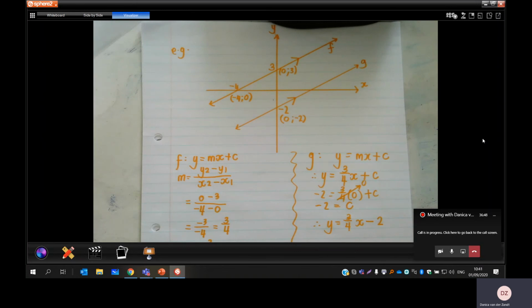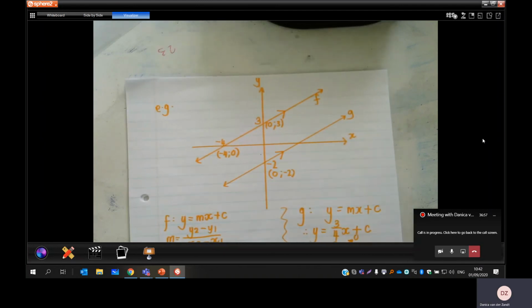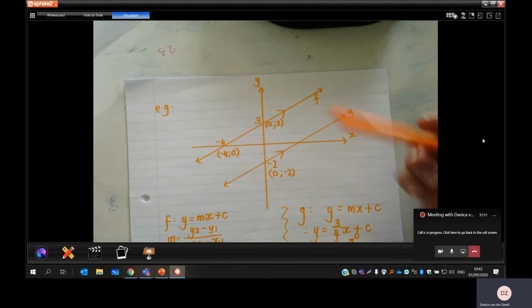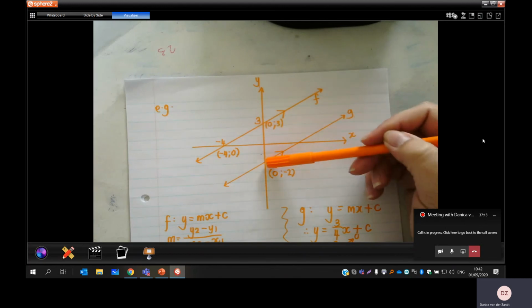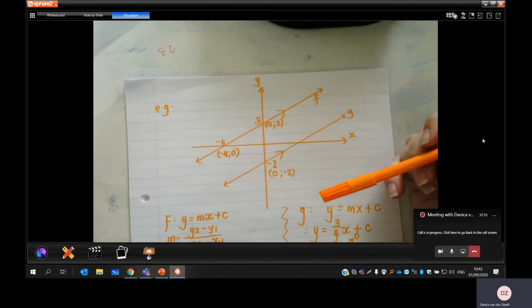How many units did the graph shift to go from f to g? So remember, they're equidistant at every point, right? So if I can find two coordinates, for instance, like this y-intercept and that y-intercept, I can actually see the shift.